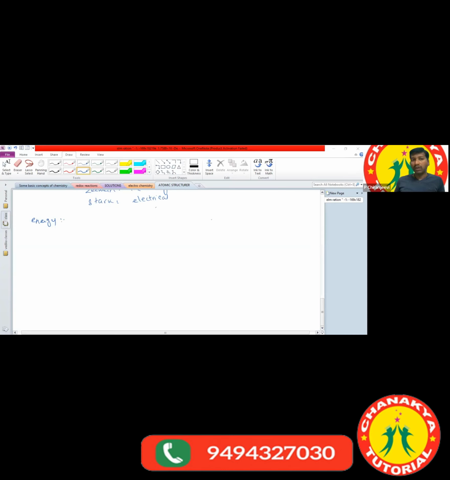Now, how can we calculate the nth energy of an atom? What formulas do we use? We have different formulas.